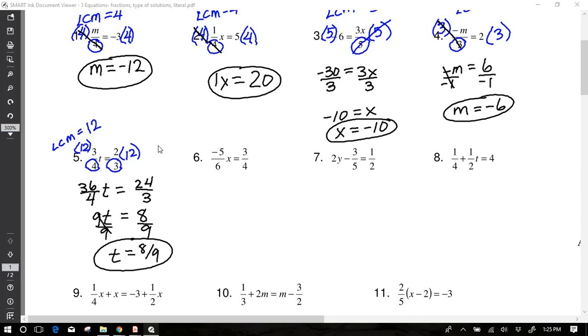I want you to tell me what the LCM is. Some of you probably got there really quick. Okay, the least common multiple that they have is 12. Some people might have thought 24, and they do also both go into 24 evenly, but we want the smallest number that they go into.